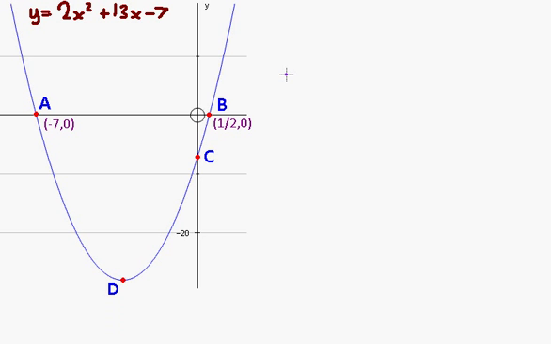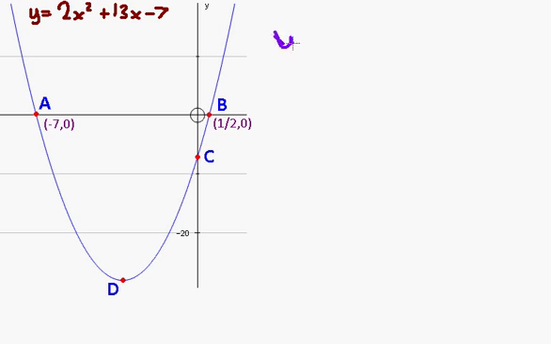The third method is completing the square, but before I go on to that, I'm going to look at the coordinate of the point C. That is the intersection with the y-axis, or in other words, the intersection with the line x equals 0. Hint, hint, x is 0.